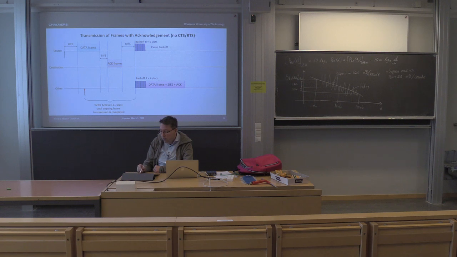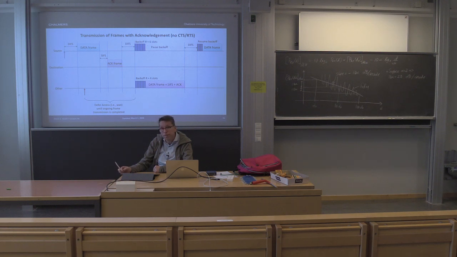And then the other node needs to pause its backoff during this time, because it will then see that the channel became busy, and then wait the DIFS and then resume backoff. So it will count down 1, 2, and then transmit its data frame. So this is how things are coordinated.